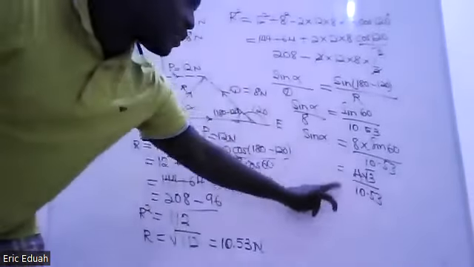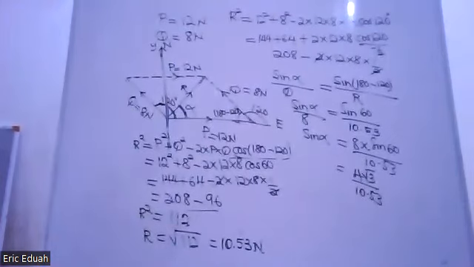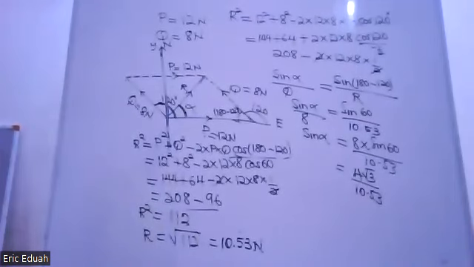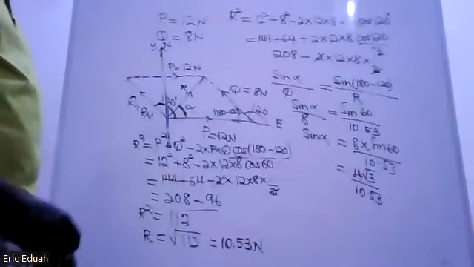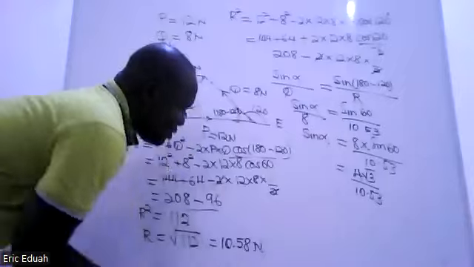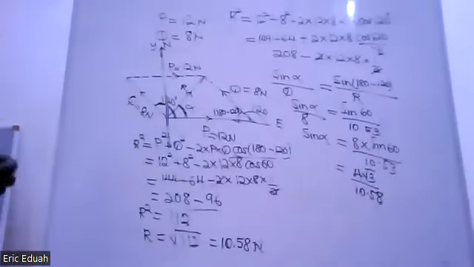Please calculate this ratio for me. The resultant is 10.583. Oh, okay. Yes, this is 58. Okay, thank you.